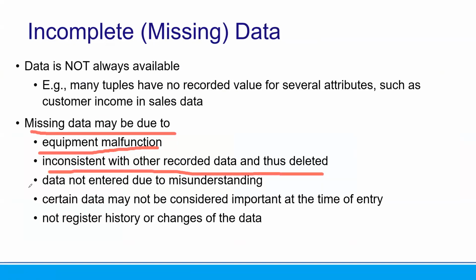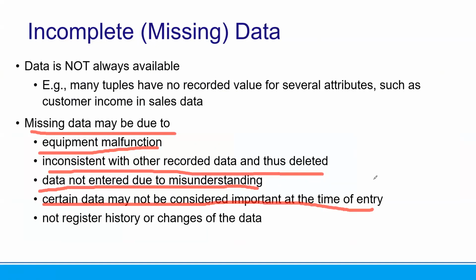Or data not entered due to misunderstanding. Because I do not know what I should fill in on that data, so I leave it blank. Certain data may not be considered important at the time of entry. Sometimes when you go to the mart and apply for membership, maybe you just enter your personal information, just name, phone number, and maybe your birthday, and finish.